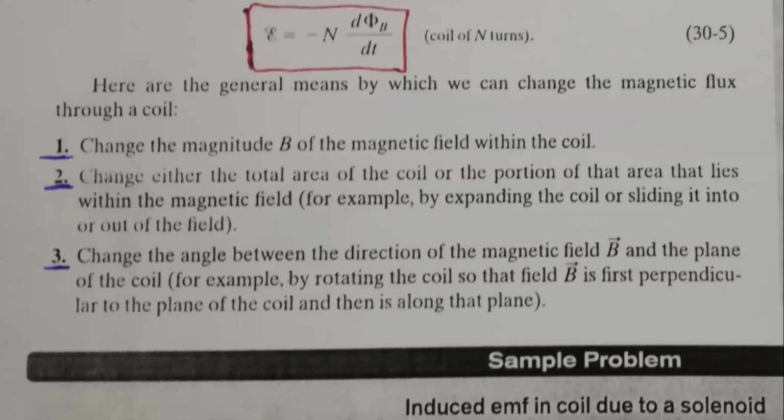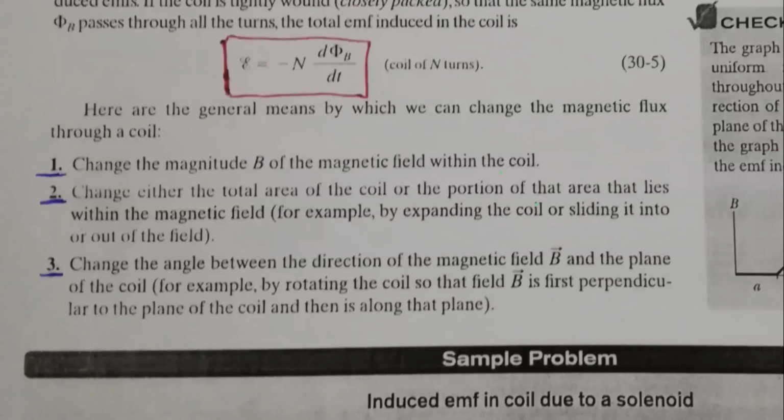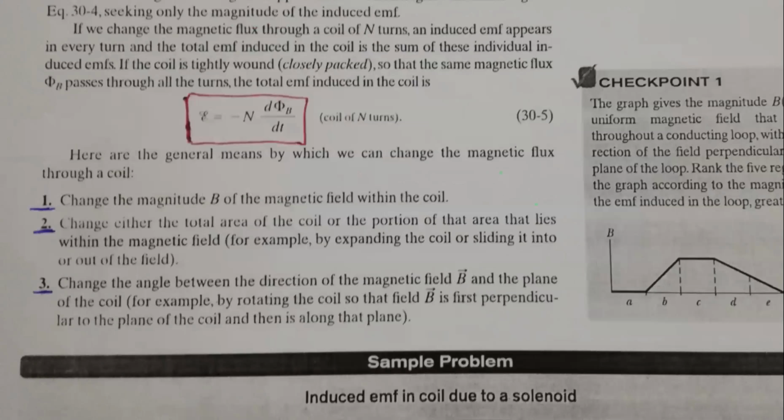Number 2, change either the total area of the coil or the portion of that area that lies within the magnetic field. So in this way you can also change it. And number 3, change the angle between the direction of the magnetic field B and the plane of the coil. So these are the main 3 ways in which you can change the magnetic flux through the coil. So this is all about Faraday's law.